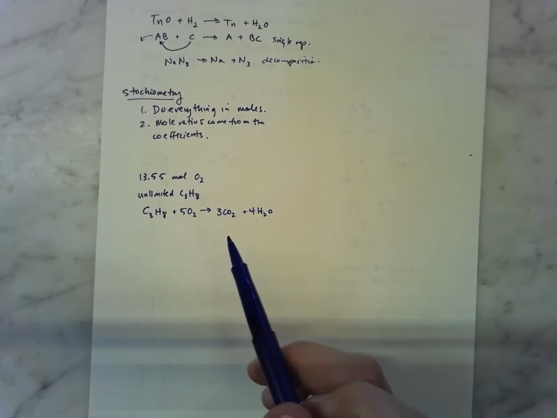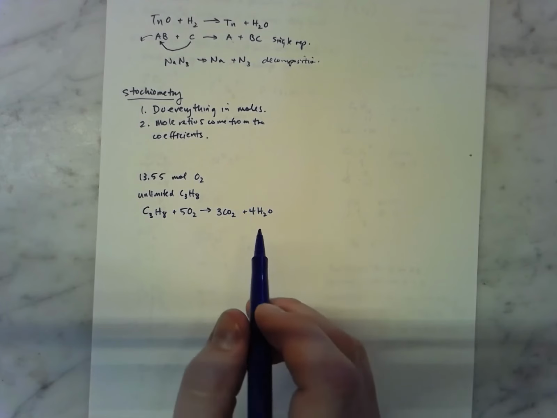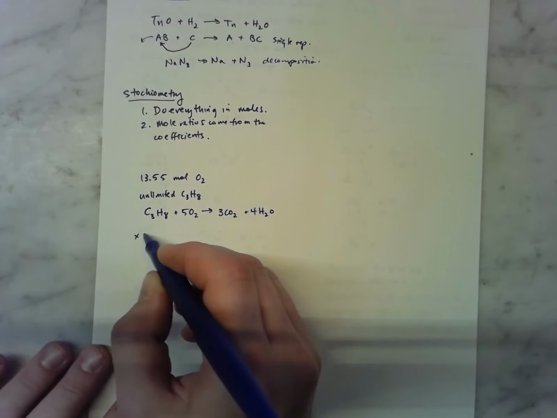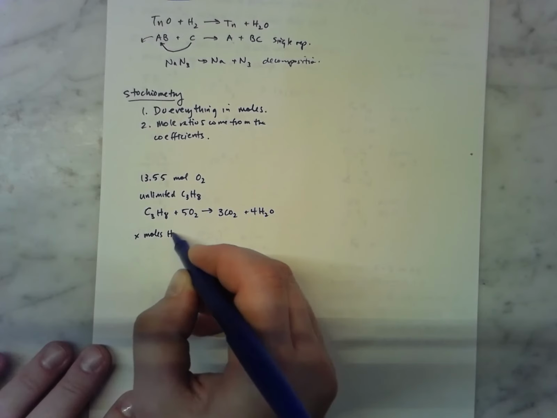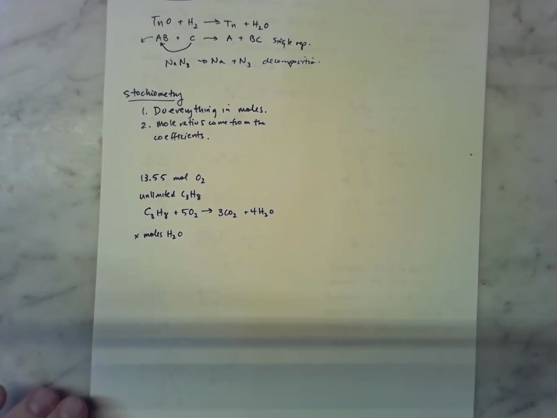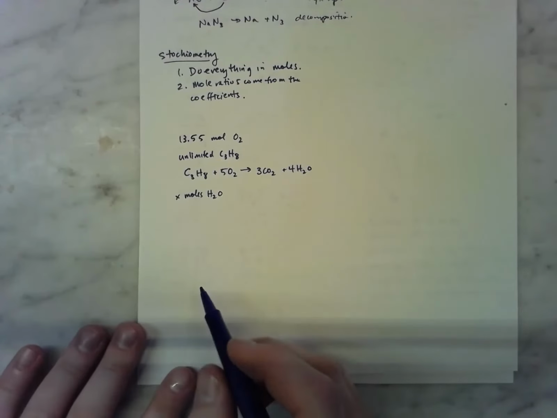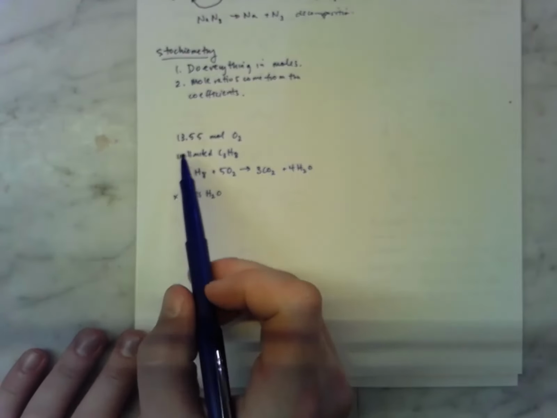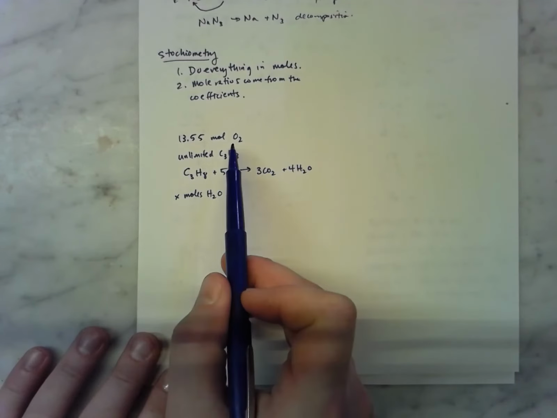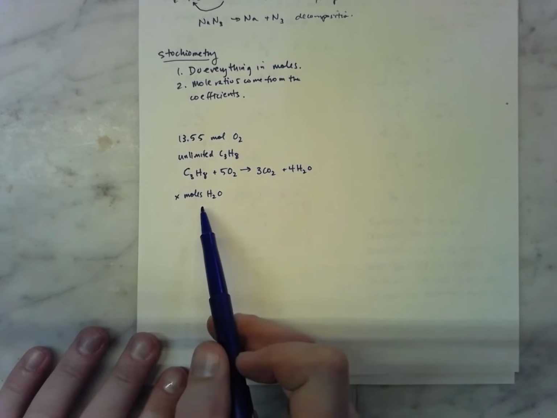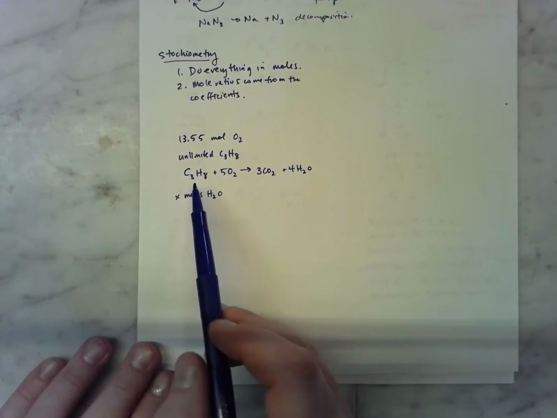What do we want to know? We want to know how many moles of water. So how are we going to do this? We're going to treat this like a conversion problem, trying to get from 13.55 moles of oxygen to some number of moles of water, and our conversion factors are going to be these coefficients.